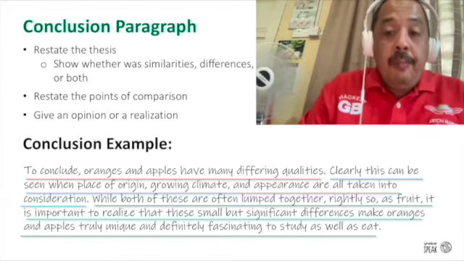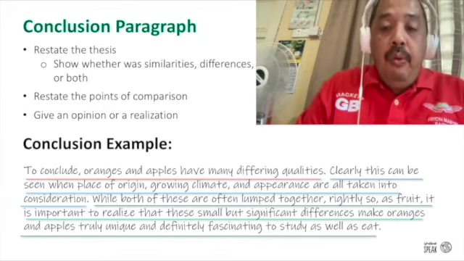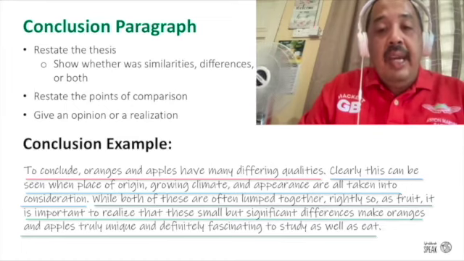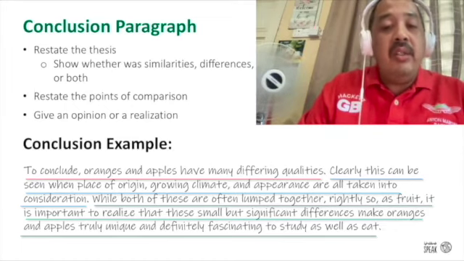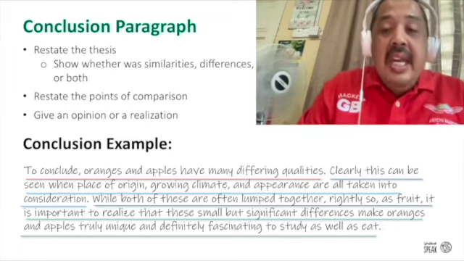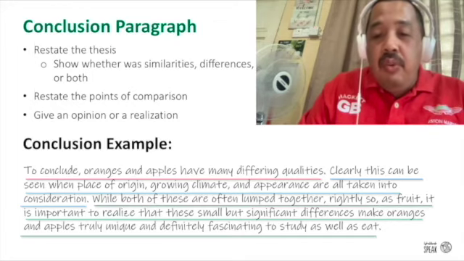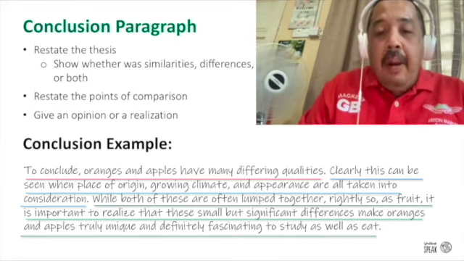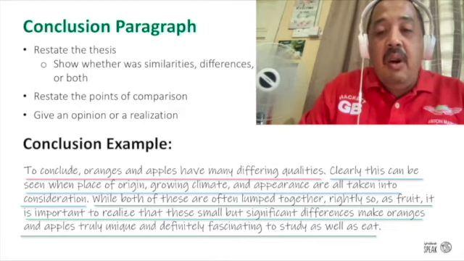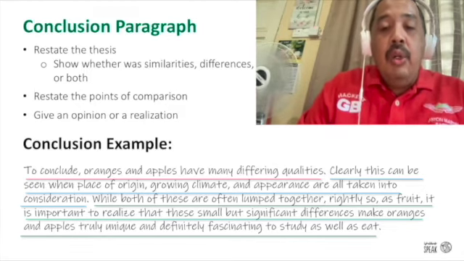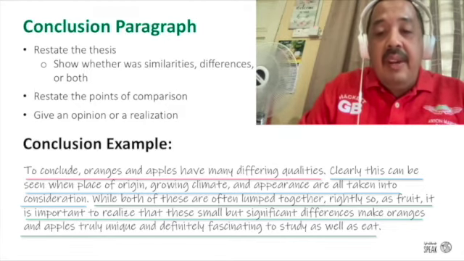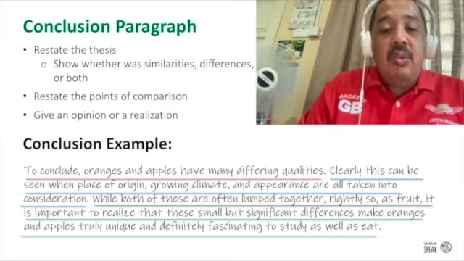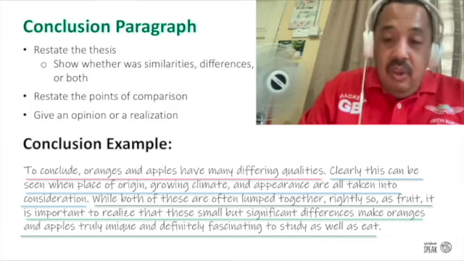And I wrote, "While both of these are often lumped together, rightly so, as fruit, it is important to realize that these small but significant differences make oranges and apples truly unique and definitely fascinating to study as well as to eat."